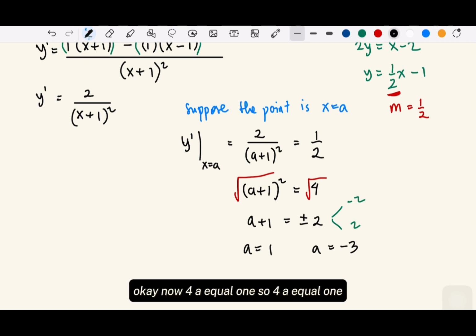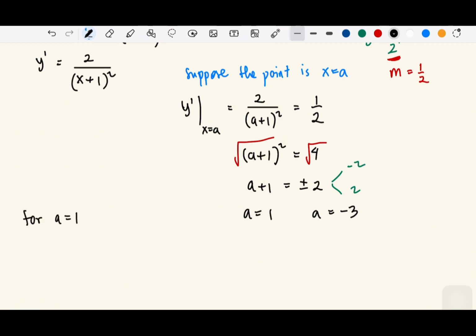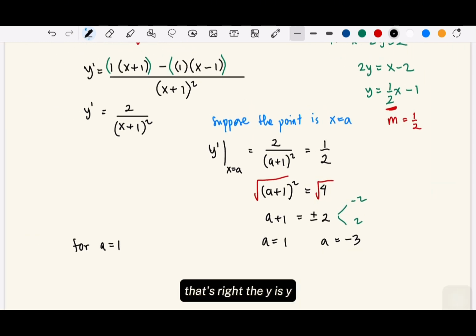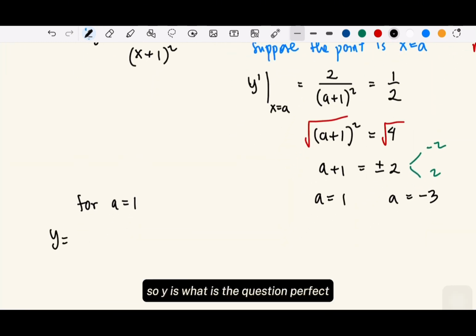Now for a equal 1, let's write the y. What is y? What is the question? The curve.